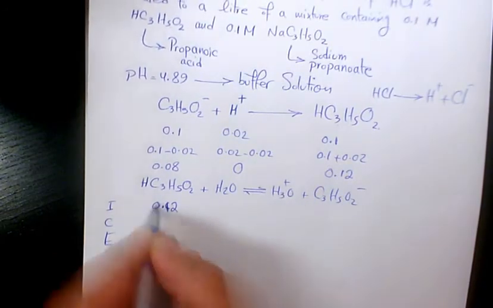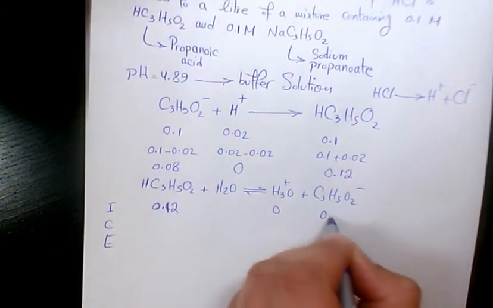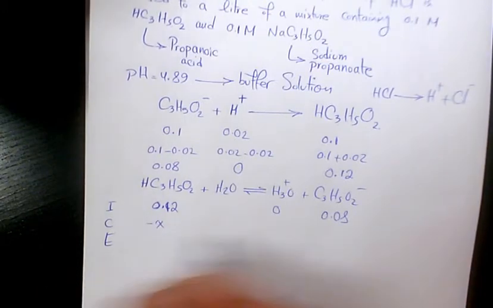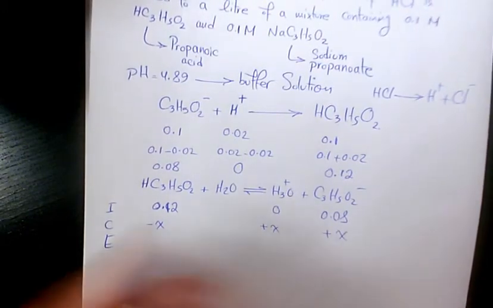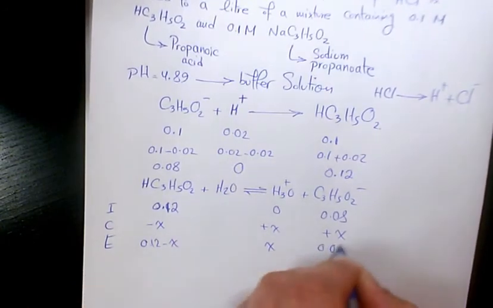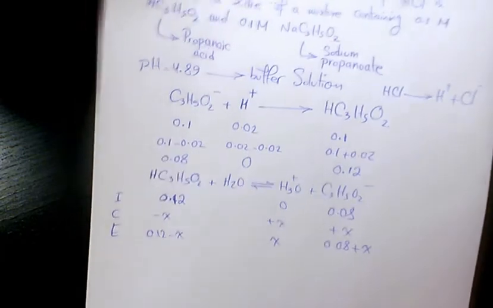This one is gonna be 0, and here we have 0.08. This is not actually 0, it is 10 to the power of negative 7, which we approximately make equal to 0. Change negative x, plus x, plus x. So we have 0.12 minus x, x, and 0.08 plus x.